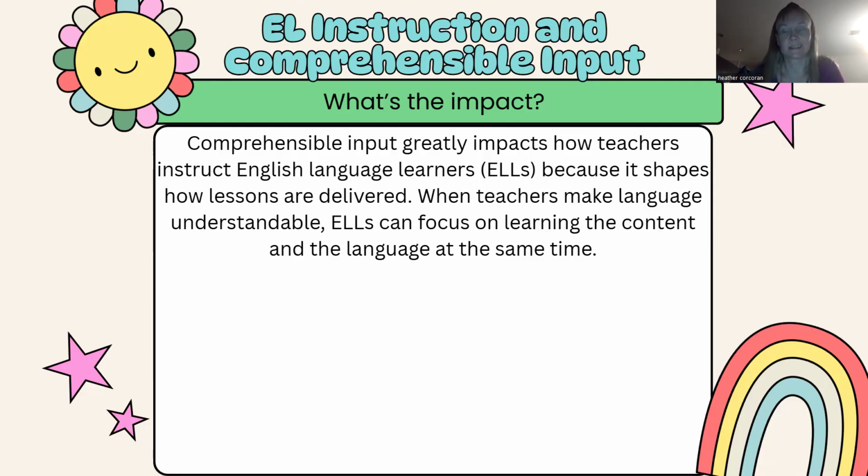It comes down to developing and delivering lessons that make the language understandable for them, and that way it opens up the door for them to focus on learning the content and the language at the same time. We don't want to throw so much at them that they're not able to extract those important words, patterns, and the overall meaning.